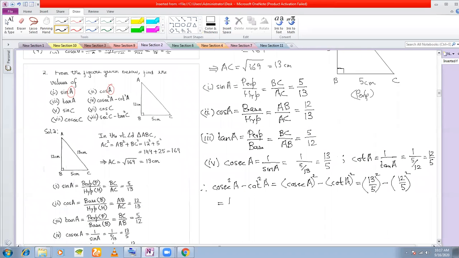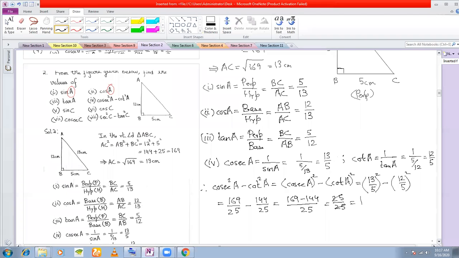So this comes to 169 by 25 minus 144 by 25. 169 minus 144 by 25. 169 minus 144 is 25. So 25 by 25. We cancel to give you 1. So the value of cosec square A minus cot square A is 1.